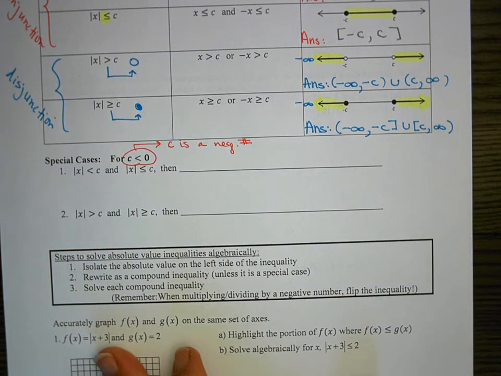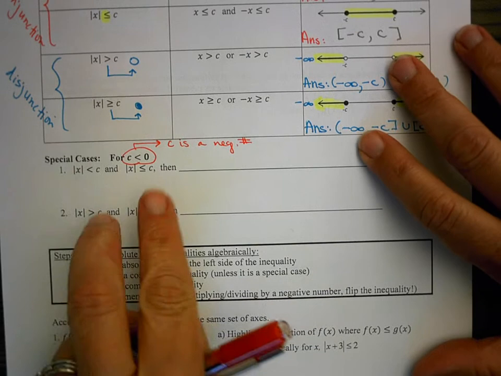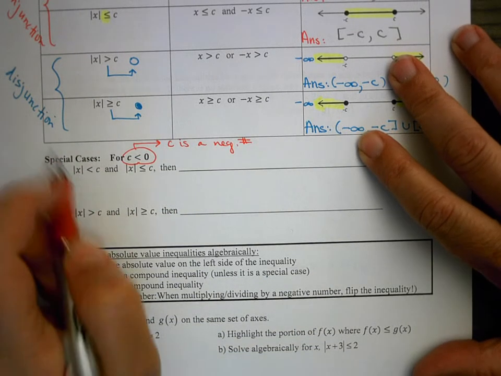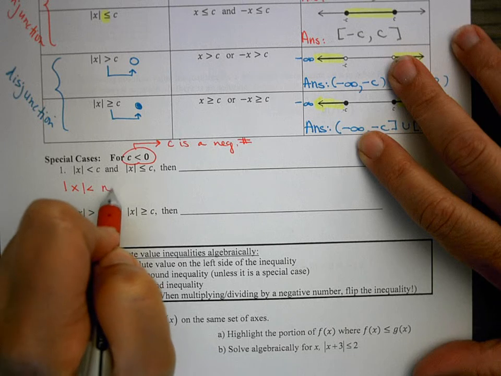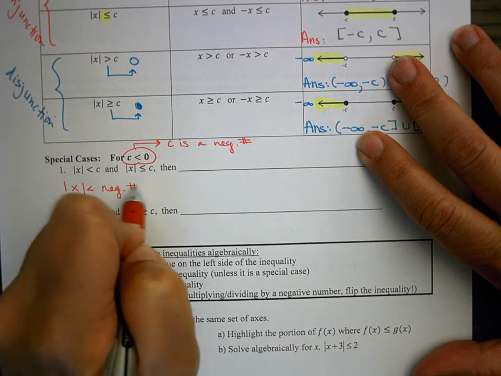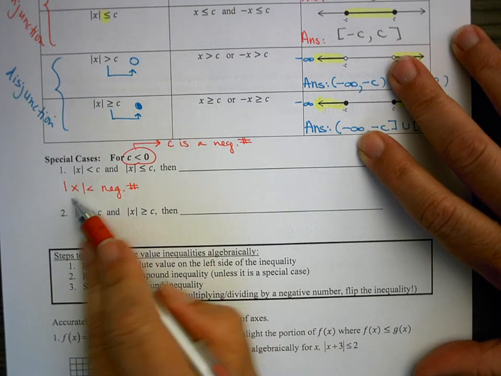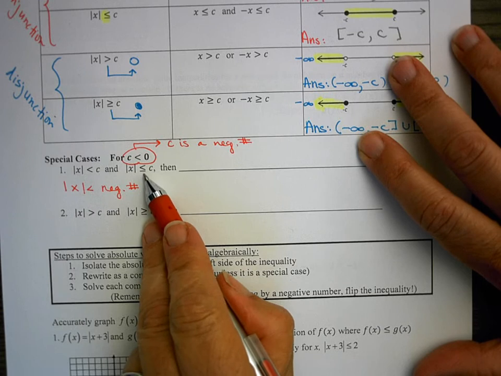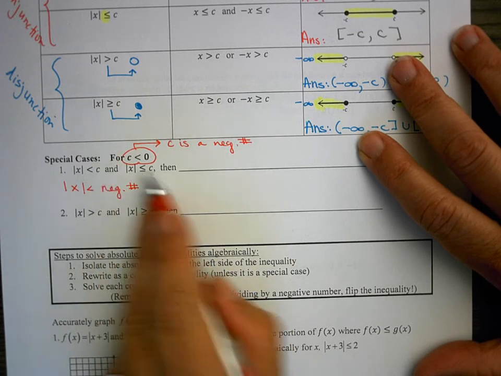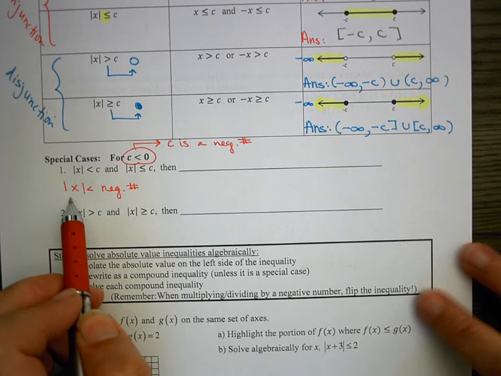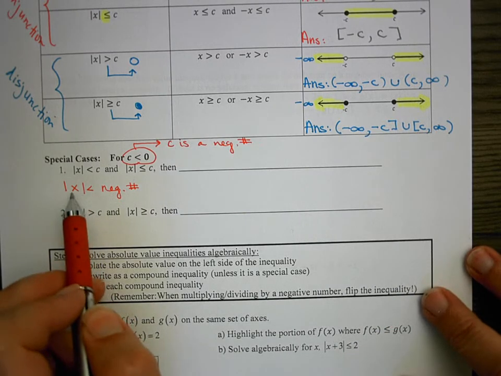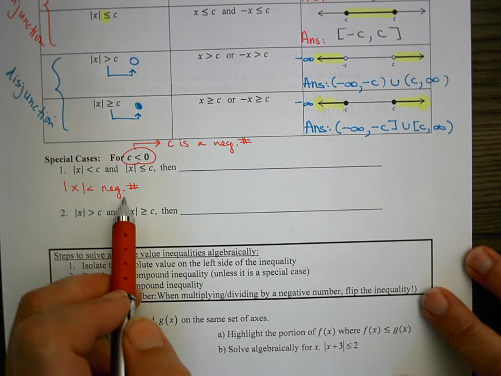Then we have to treat it differently. So if we have this absolute value of x less than a negative number, it's the same idea. It's just that this has an equality, whereas this one does not, but the idea is still the same. So here, what we're trying to figure out is what absolute value of what number would be smaller than a negative number.